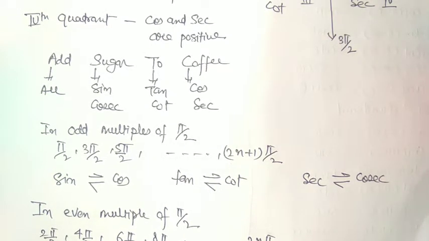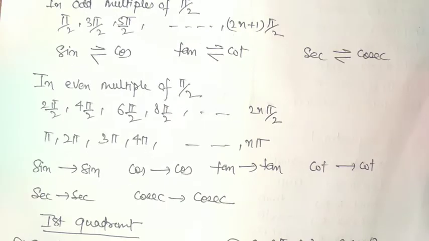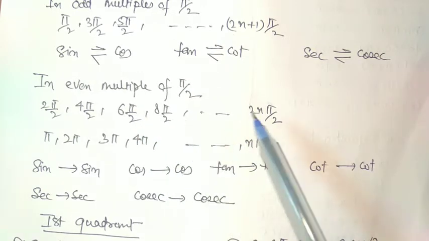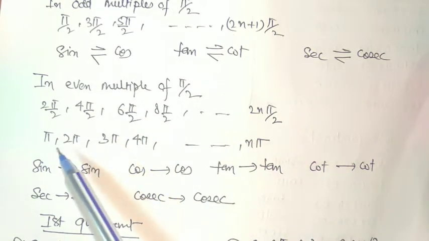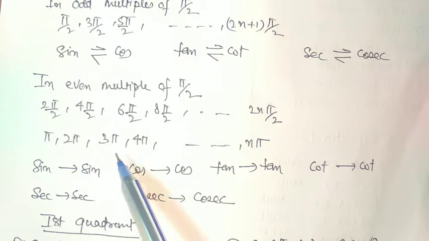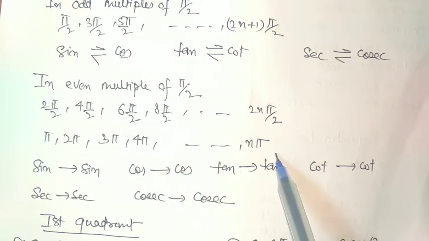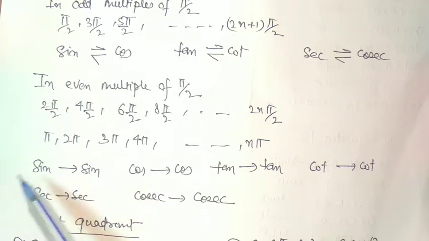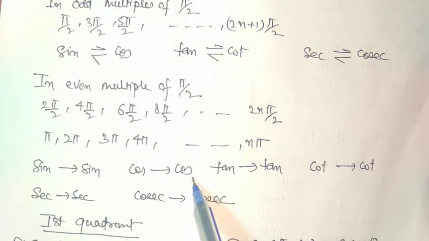Now in even multiples of pi by 2, like 2 pi by 2, 4 pi by 2, 6 pi by 2, 8 pi by 2, or 2n pi by 2, means we will get pi, 2 pi, 3 pi, 4 pi up to n pi. There will be no change in trigonometric function. Means sine will remain sine, cos will remain cos, tan will remain tan, cot will remain cot, sec will remain sec, and cosec will remain cosec.